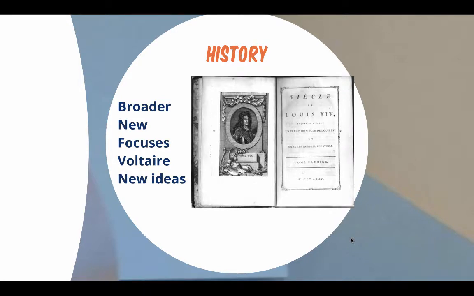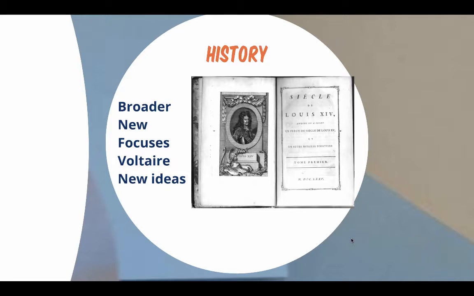And then history becomes really broader in scope and more important. What we have are some new focuses here: no longer are we just trying to focus on politics, but we want to get a true sense of the overall world, finding out about regular people, finding out about more day-to-day stuff. Voltaire, we talked about him before, was also a historian.